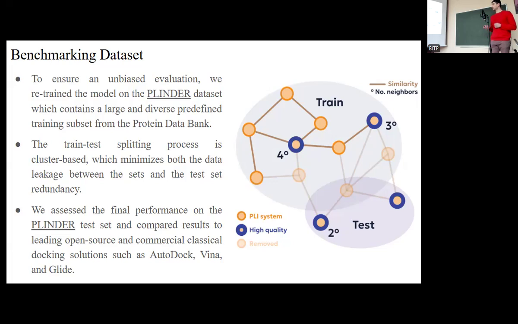So the Blinder dataset groups all these experimental structures in clusters by similarity.